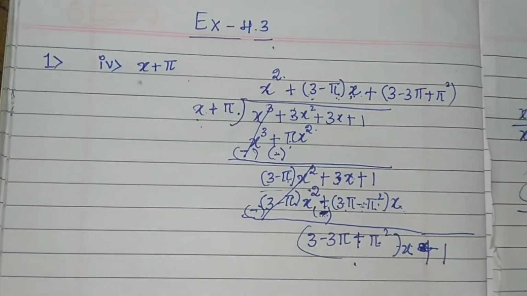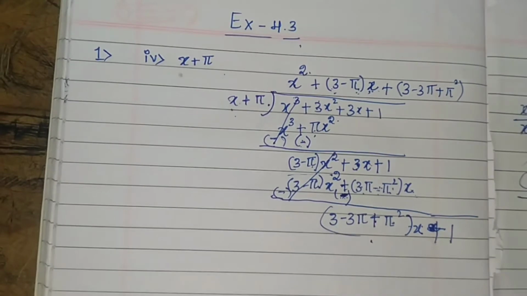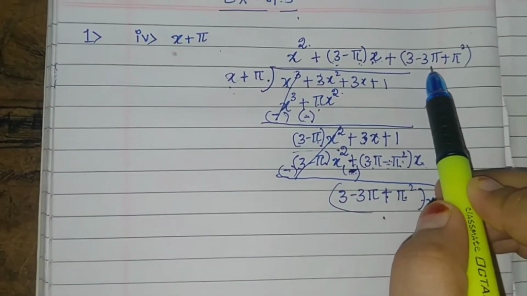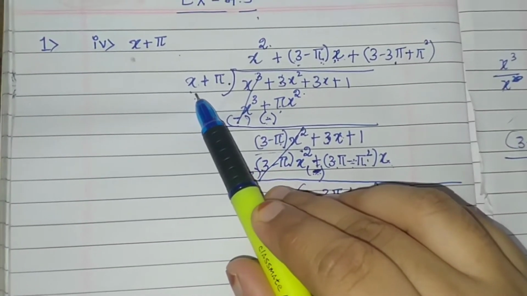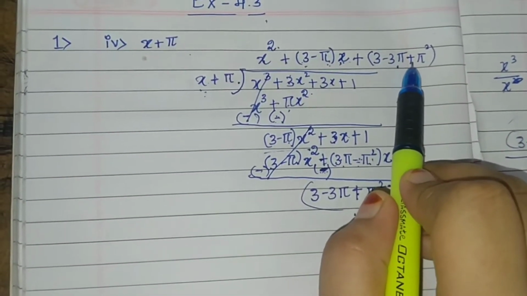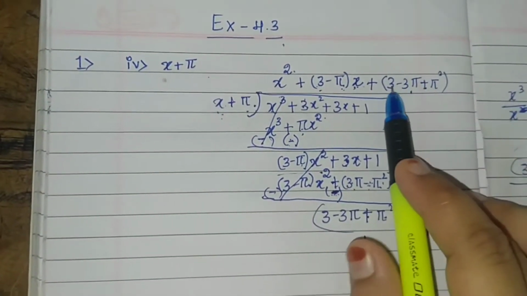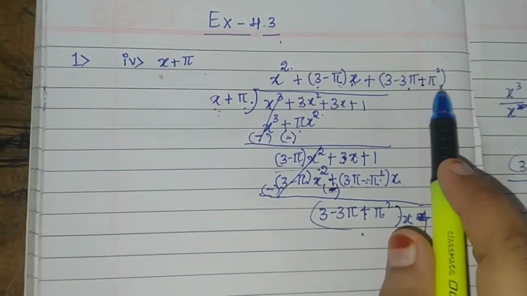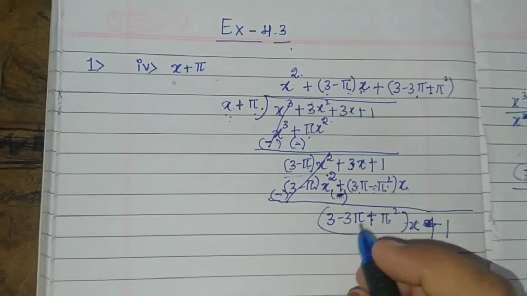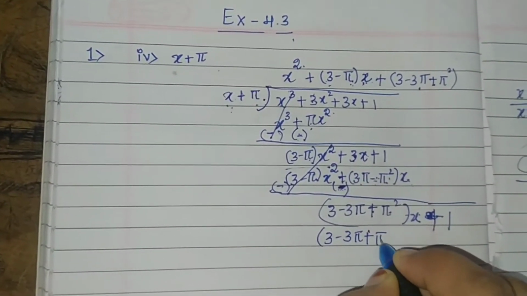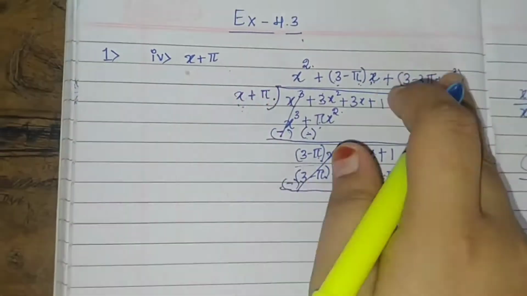Okay. So after that what you have to do here again, the same procedure you have to follow here also. That is the third term of the quotient multiplied by the first term of the divisor. The third term of the quotient multiplied by the second term of the divisor. Okay, so when you multiply this 3 minus 3 pi plus pi square into x, you are going to get 3 minus 3 pi plus pi square into x.